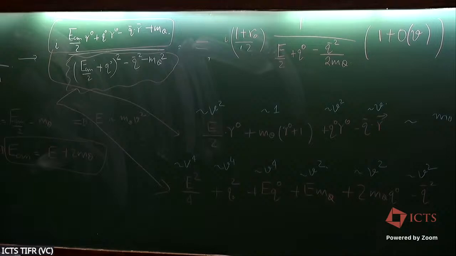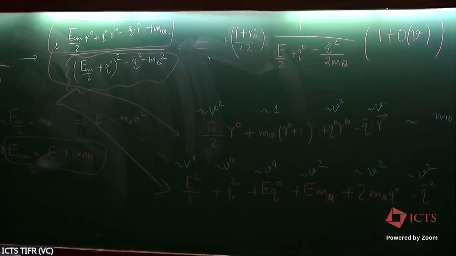The Q is order MV. This is a loop momentum, let's say the photon momentum. If you take it to be a very hard scale, then you're not looking at a bound state problem really. For the bound state, you need to integrate out.